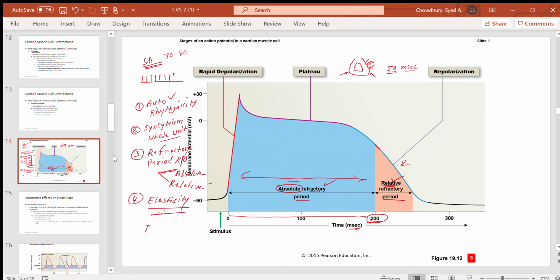So that is the elasticity. The relationship between the pressure and length is that the length of the muscle is proportionate to the pressure. Okay, more pressure, more length. Makes sense? And this must be within the physiological limit, within a limit.